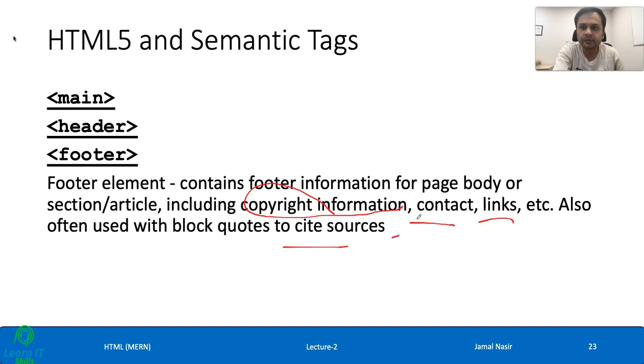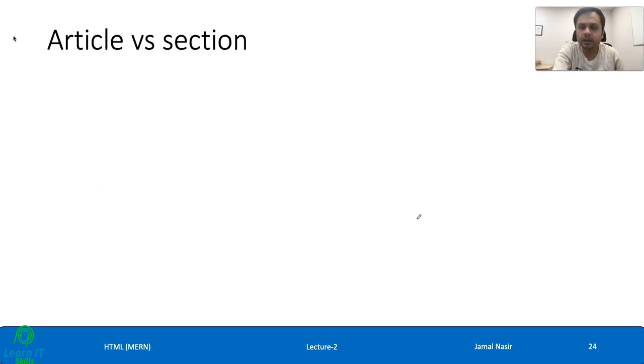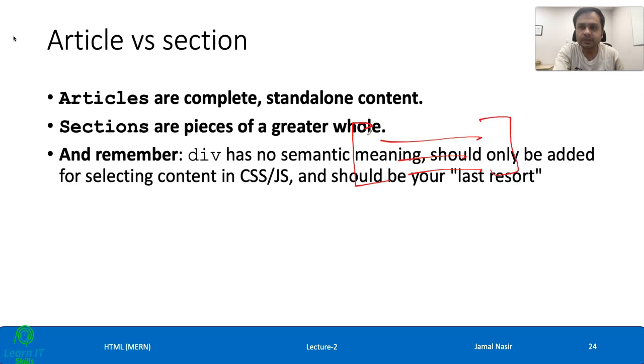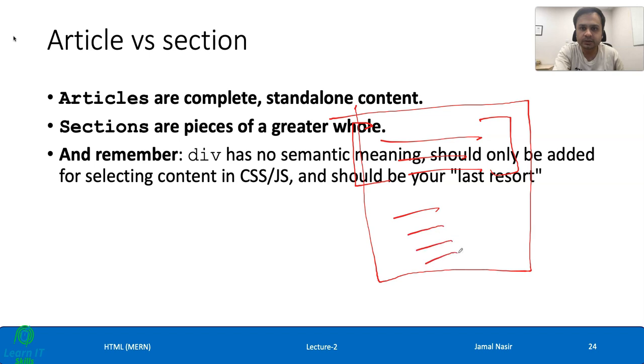To site sources. Footer. So what is the difference between article and section? Articles are complete standalone content. So this is one article. And sections are pieces of a greater whole. So a section contains many articles. One section may contain many articles.